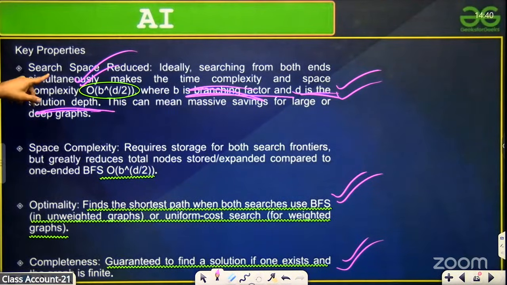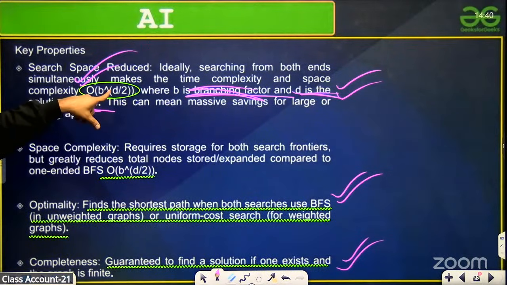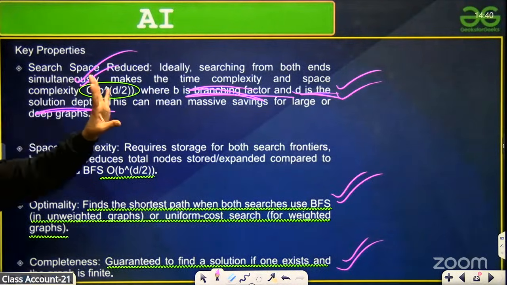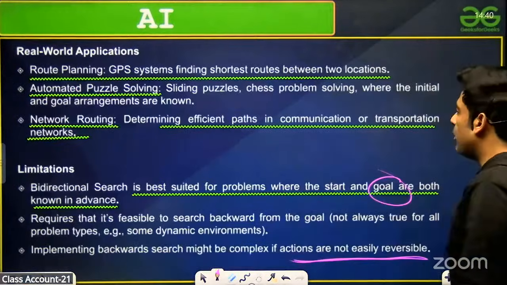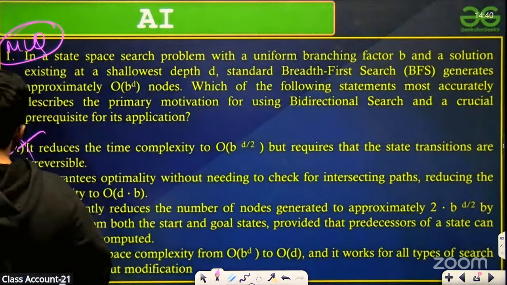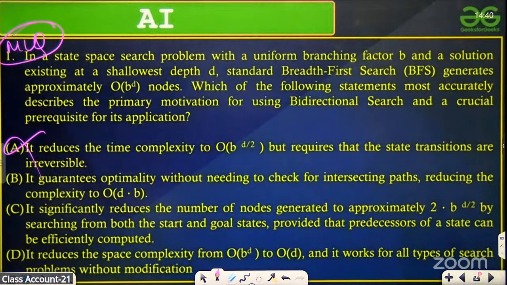So space complexity is reduced, this you should remember, that space complexity is reduced to the order of b to the power d by 2. There is nothing given for time complexity, so option A is incorrect.